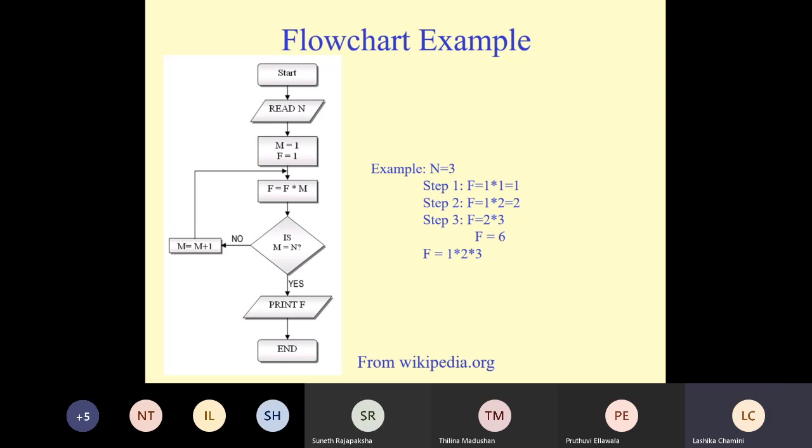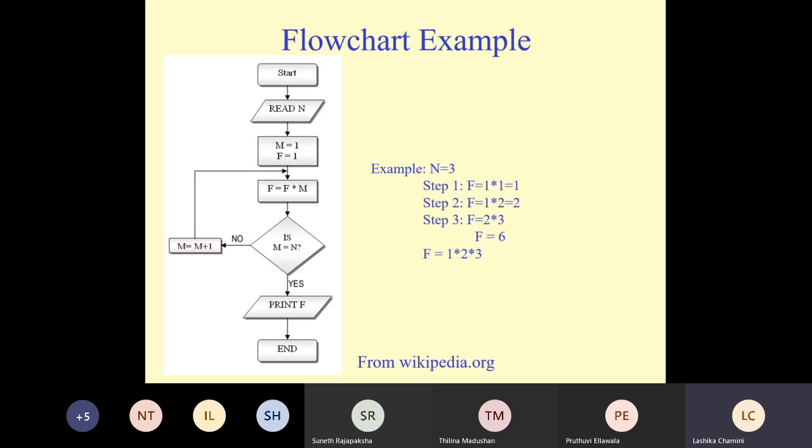First you input the number n, then it reads n and assigns values to m and f. At first m is equal to 1 and f is equal to 1, and they calculate the value of f, and check whether the value of m is equal to n. If m is equal to n, then you go outside the loop and print the value of f.